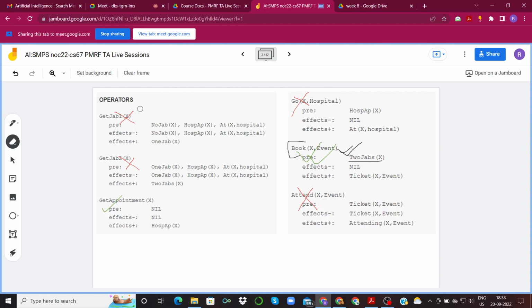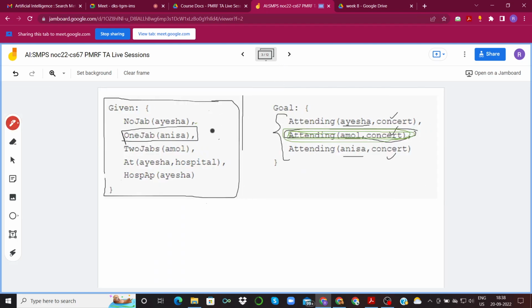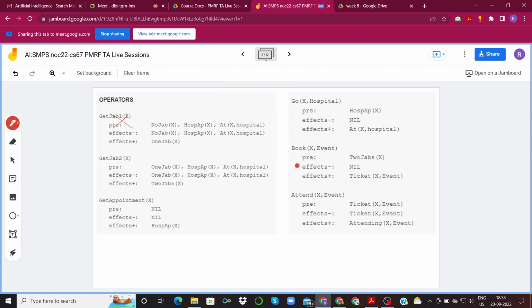Now let's consider all the operators one by one. Let me remove the rough work we did for Amol. So get jab 1 is not applicable because we know that Anisa already has 1 shot of vaccine. Now get jab 2.